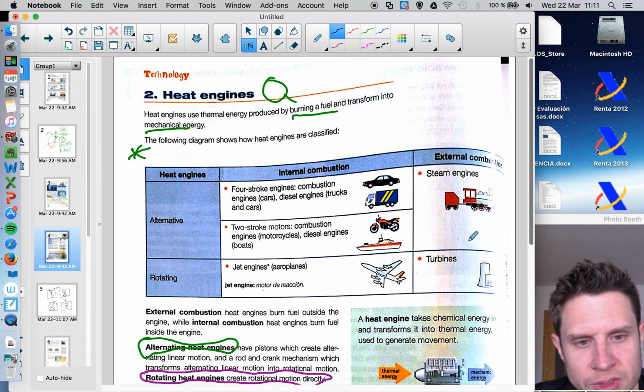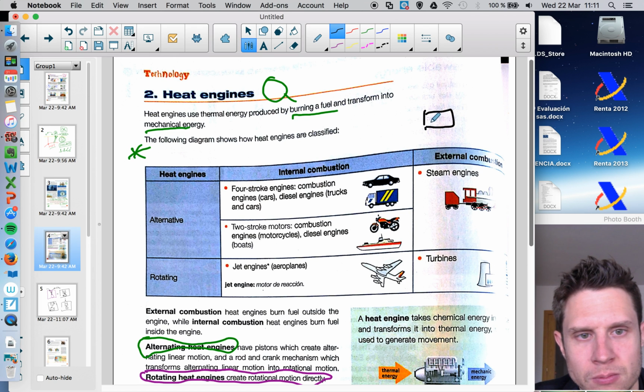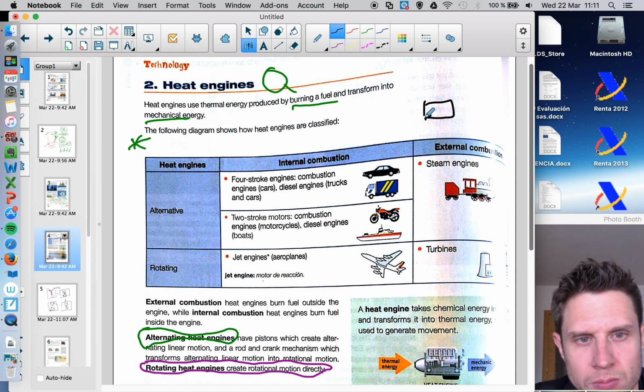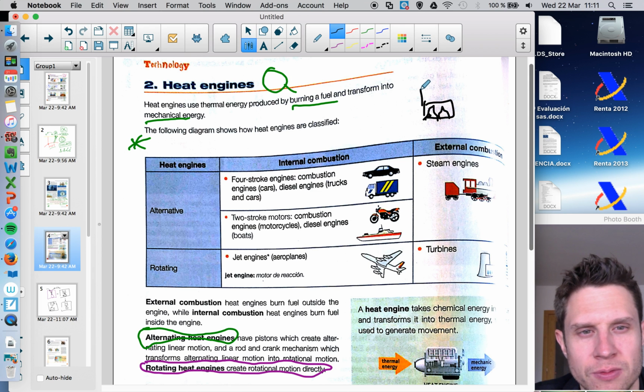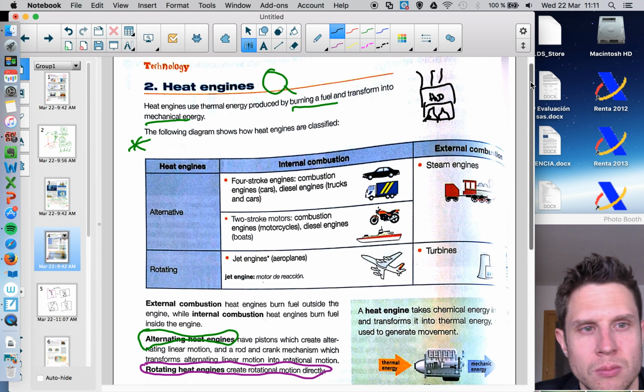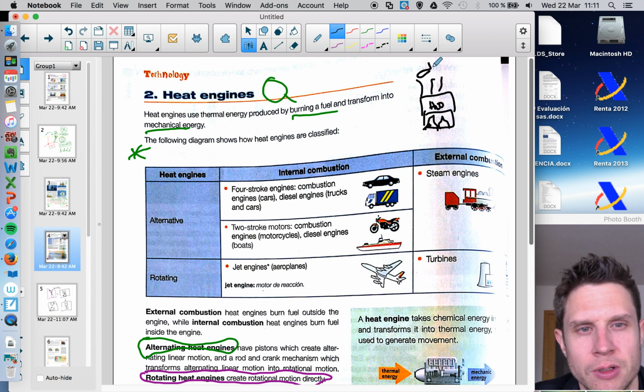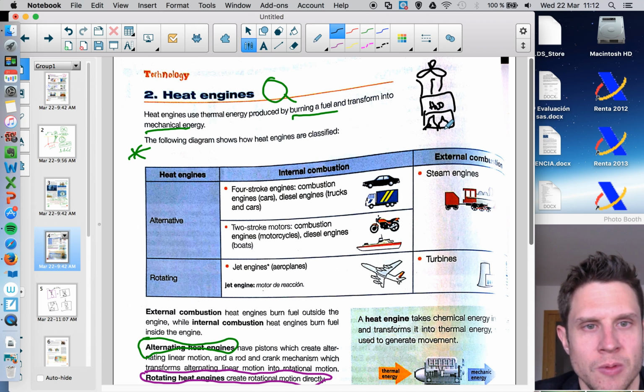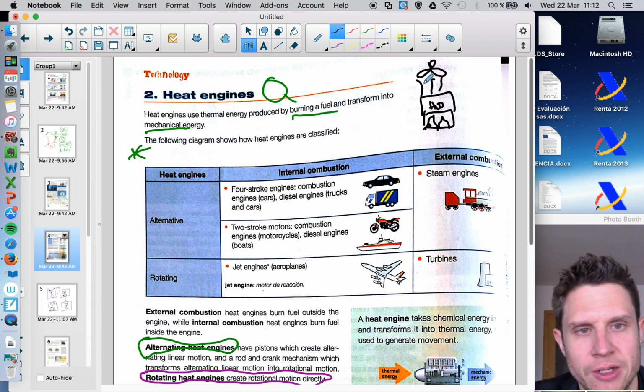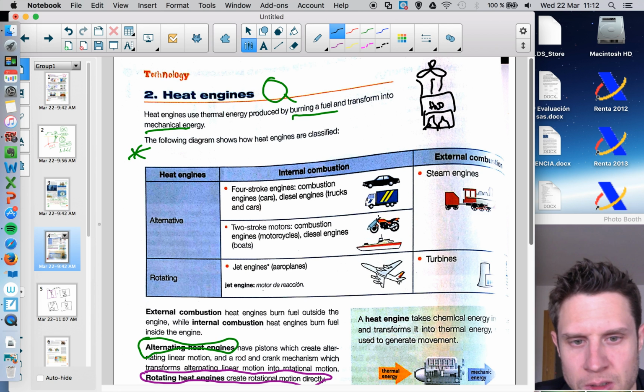That is moving the train. The turbines are the same. We put a fire, and then we have water, and then we have steam that is moving a turbine. And that's it. We don't have linear, just moving turbines.